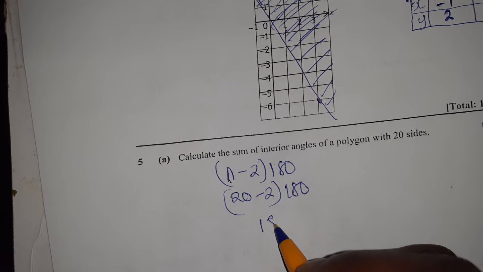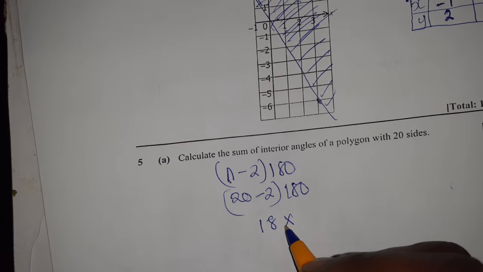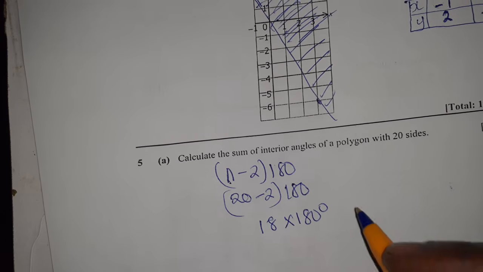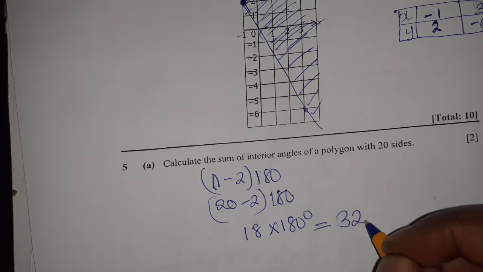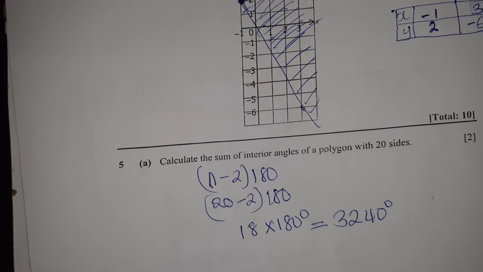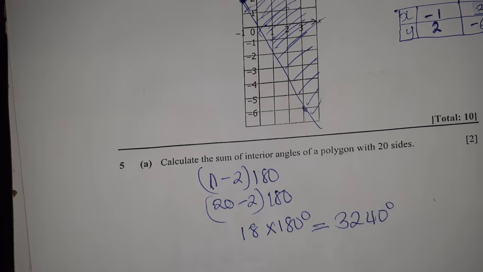This is going to be 18 multiplied by 180. What do we get? We're going to get 3,240 degrees.